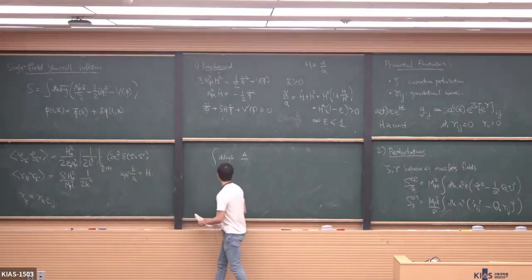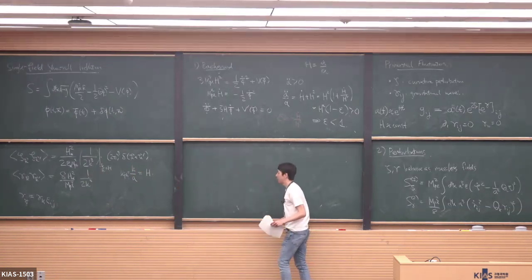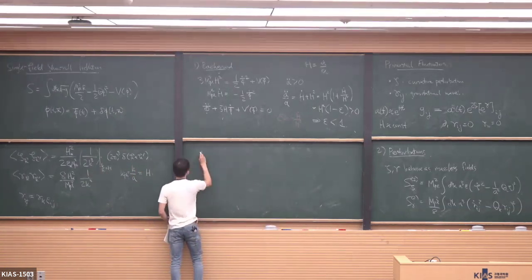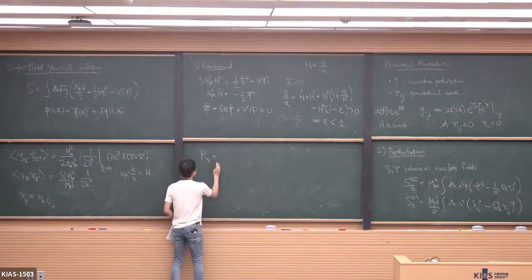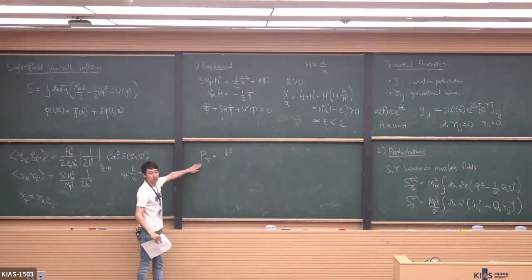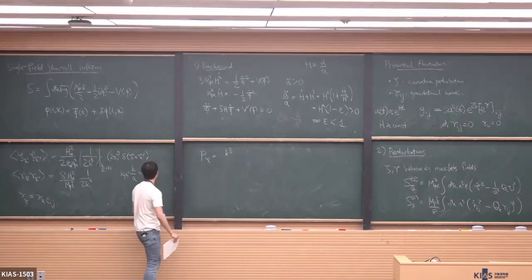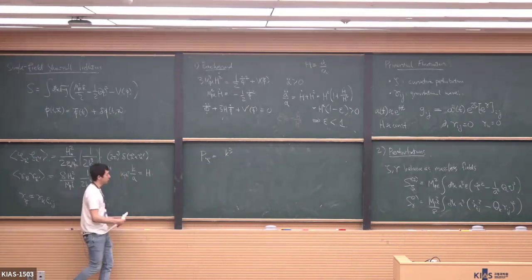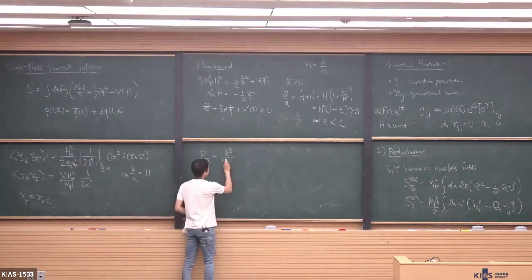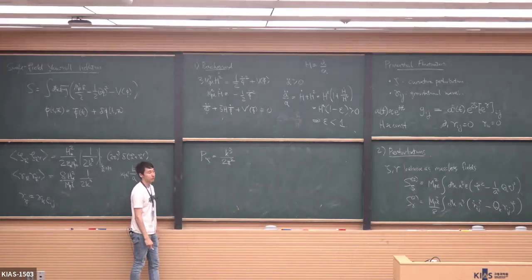So in observations, we typically parameterize this power spectrum in this way. We define the so-called dimensionless power spectra by first of all multiplying by k cubed to kill this factor. And then we have this funny normalization of 2 pi squared.